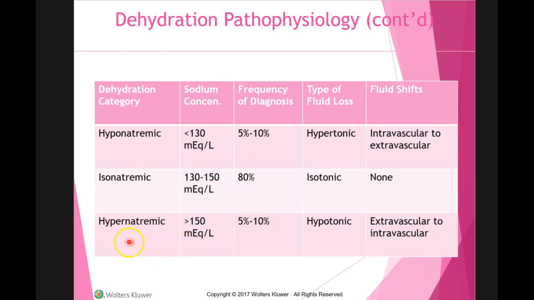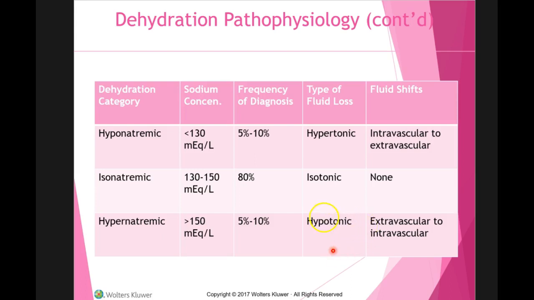Okay. Then you have hypernatremic. So this is when there's more sodium outside the cell, and this is usually a result of getting rid of large volumes of urine, but not sodium.